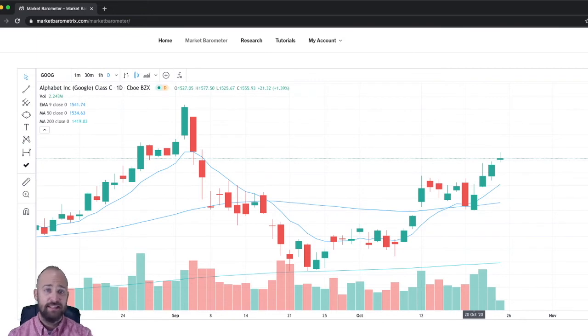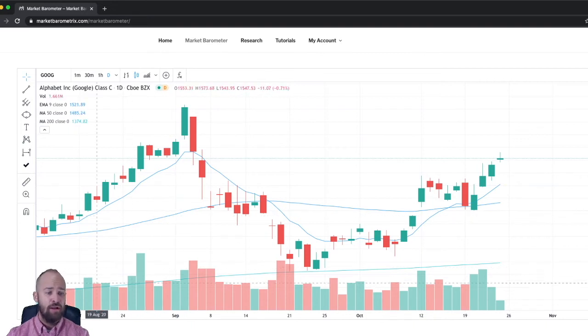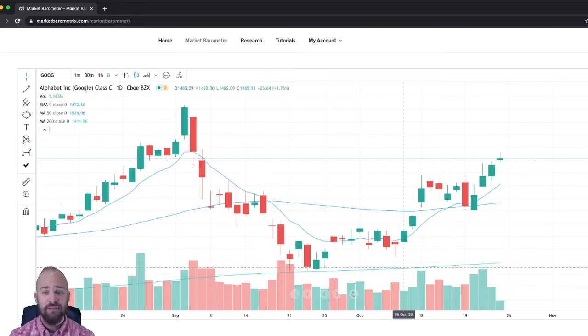Now, as far as signals for long-term investments, you can see that over this entire date range, the long-term trend is bullish because price, the 9-day, and the 50-day are all above the 200-day moving average the whole time.